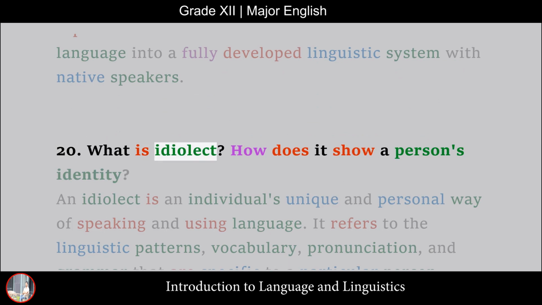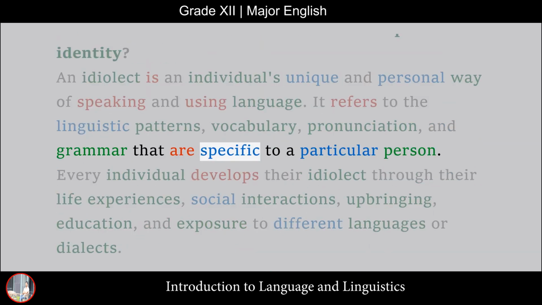20. What is idiolect? How does it show a person's identity? An idiolect is an individual's unique and personal way of speaking and using language. It refers to the linguistic patterns, vocabulary, pronunciation, and grammar that are specific to a particular person.